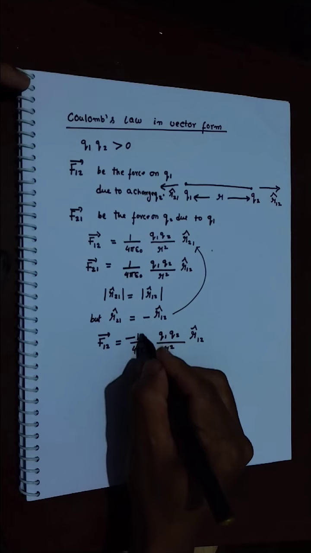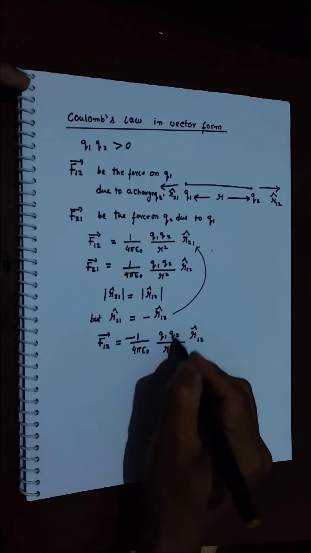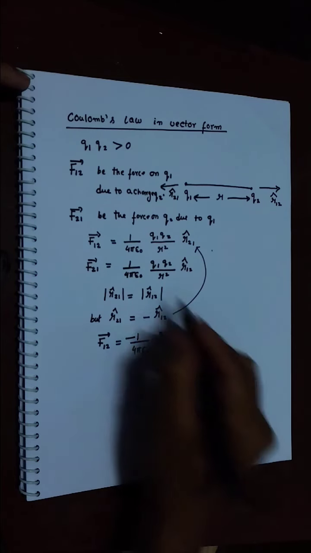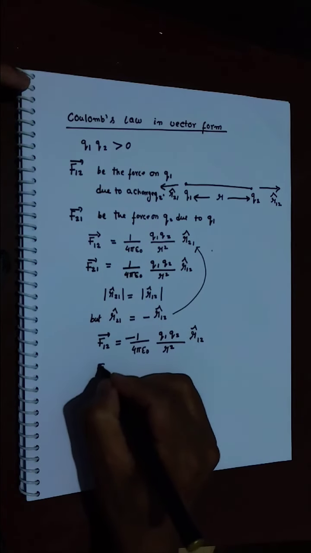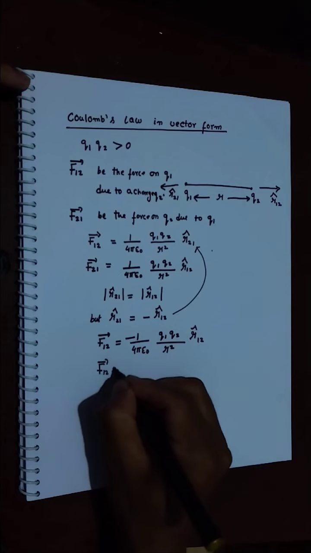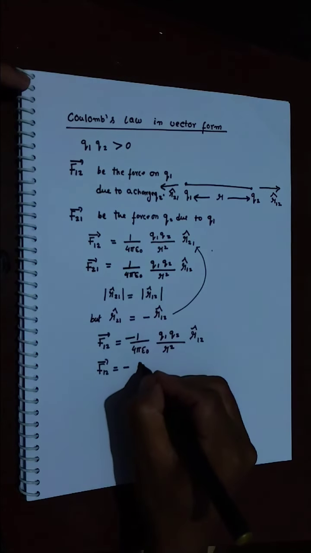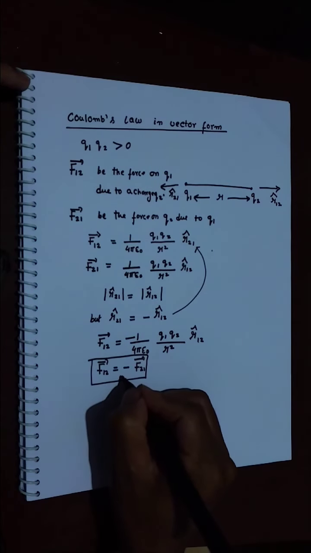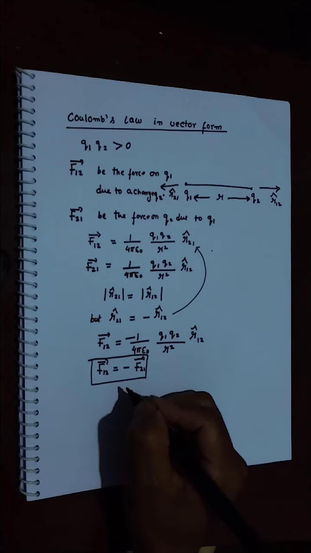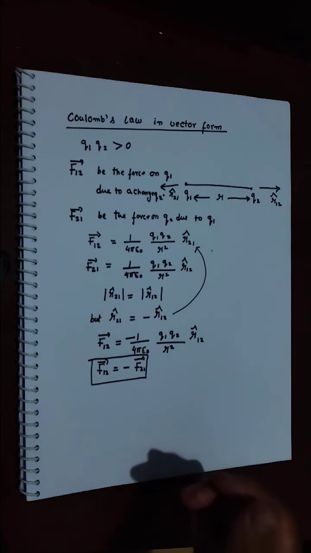But what is this? 1 by 4 pi epsilon naught Q1 Q2 divided by r square R12 cap is nothing but this equation, which is equal to F21. So F12 is equal to minus F21. This equation gives the expression of Coulomb's law in vector form.